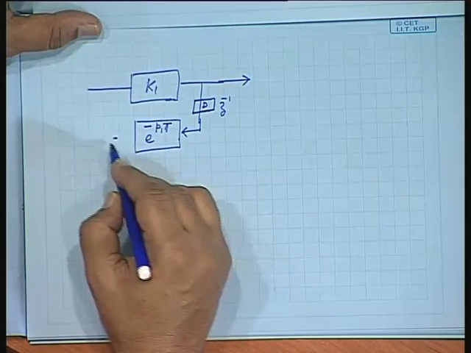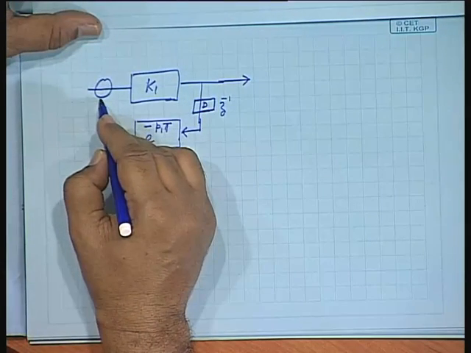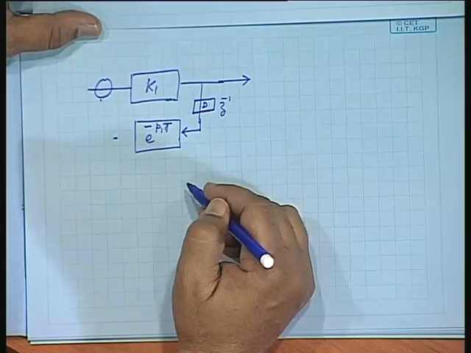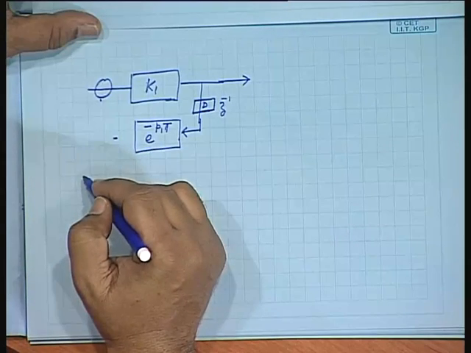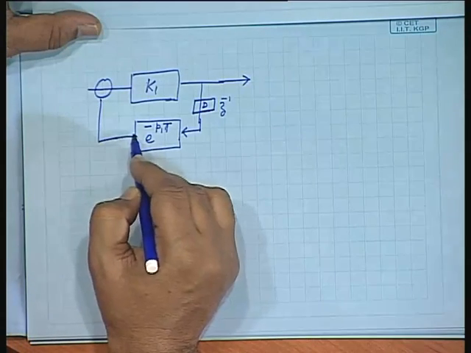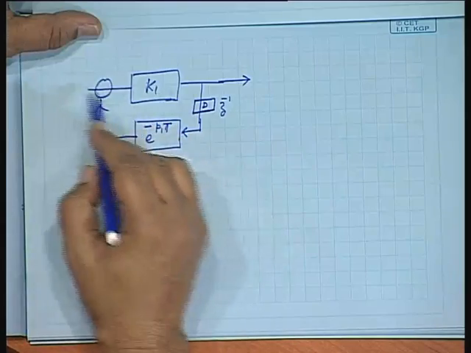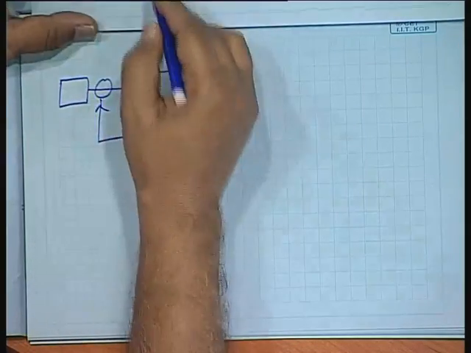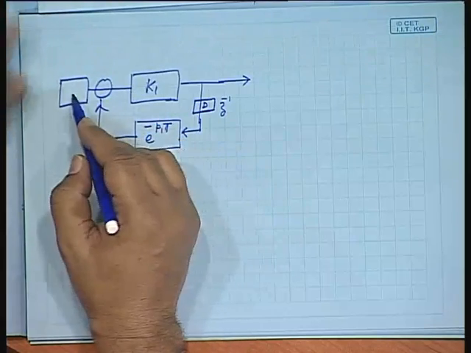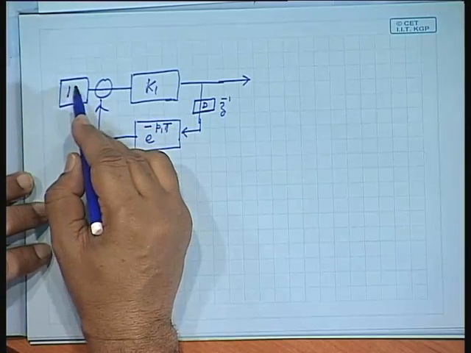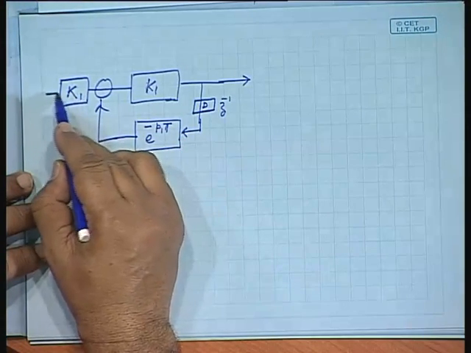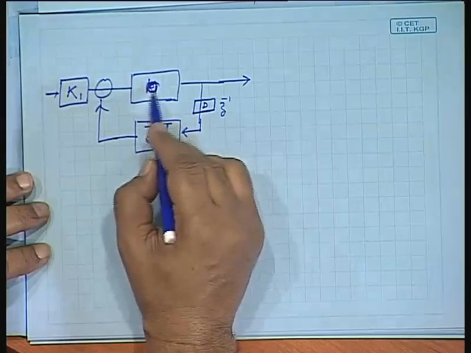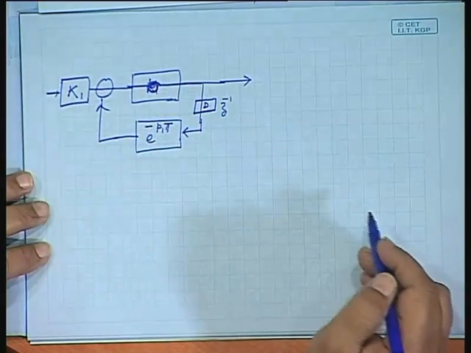So this gets added with the... is this all right? No. Where should I put the K1? K1 is a multiplier. Should it be this way? Put it as it is. Is that all right?